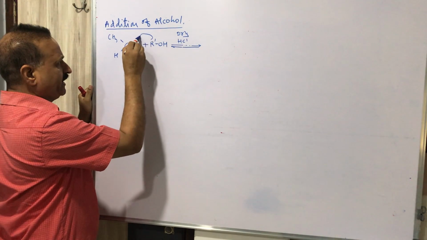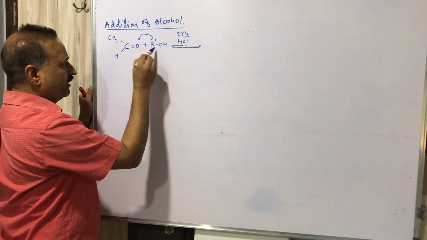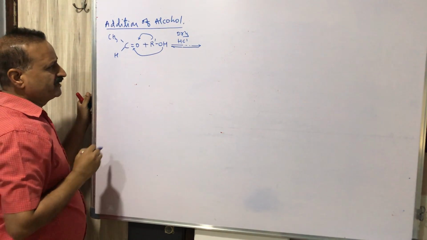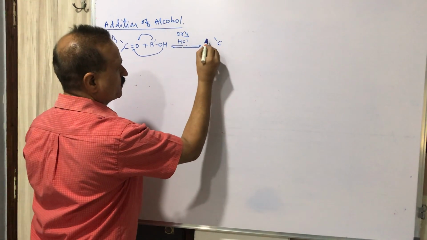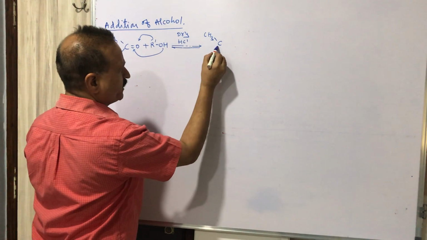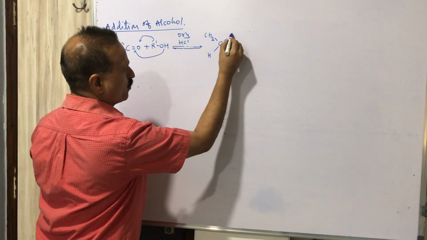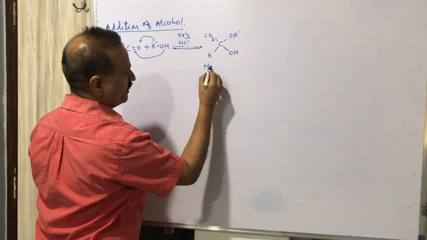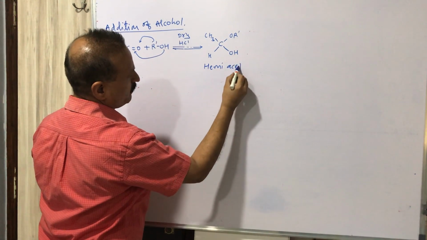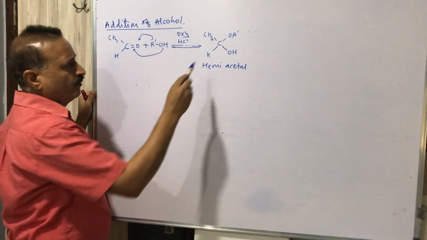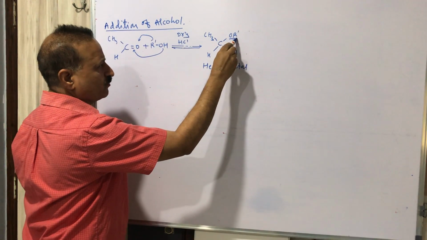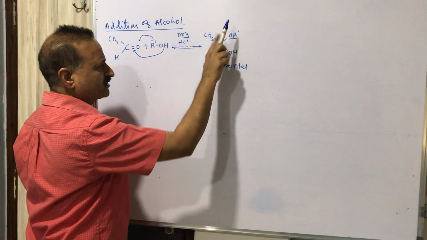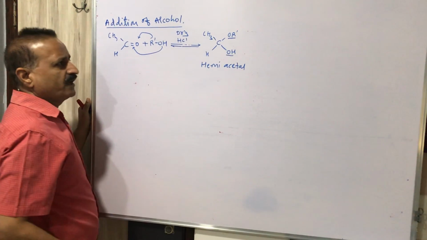R will attach to oxygen and OH will attach to carbon, using the remaining valency. So we have the unstable intermediate product with OR and OH. This is hemiacetal. Monoalkoxy, this OR is the alkoxy, that is one molecule, so it is monoalkoxy, and OH is the alcohol.